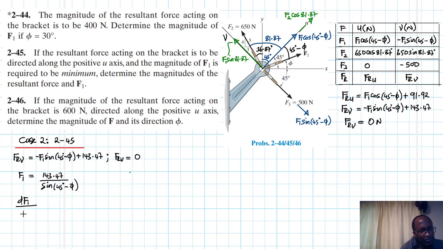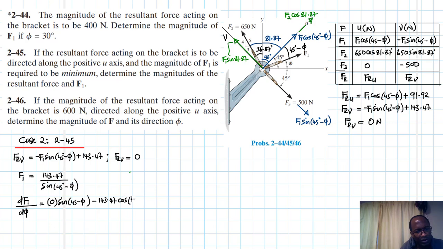So dF1 over d-phi is going to be equal to, using the quotient rule, 0 times sin(45 - phi) minus 143.47 times the derivative of sine, which is cos.